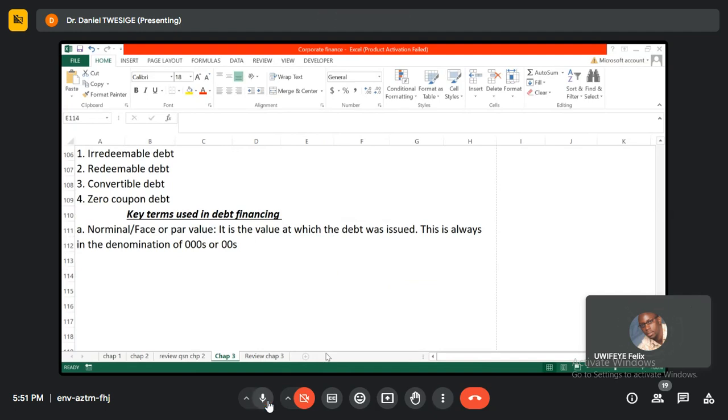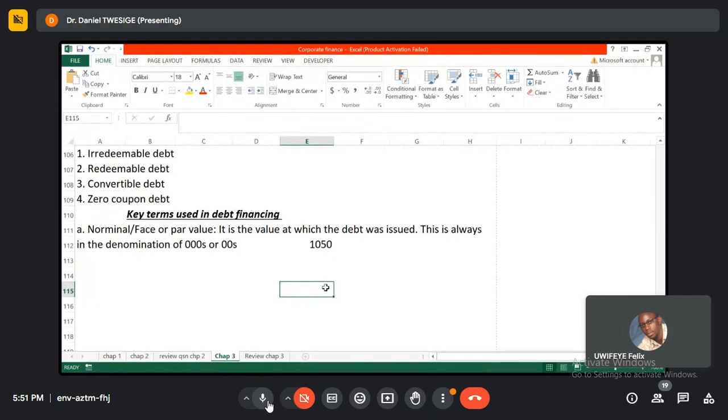But may you come back a bit on that 1,000 and 100? Sometimes a question can say the debt is currently trading at 1,050, but you may not be given the nominal value or the face value. You are given only the market price of the debt, 1,050.